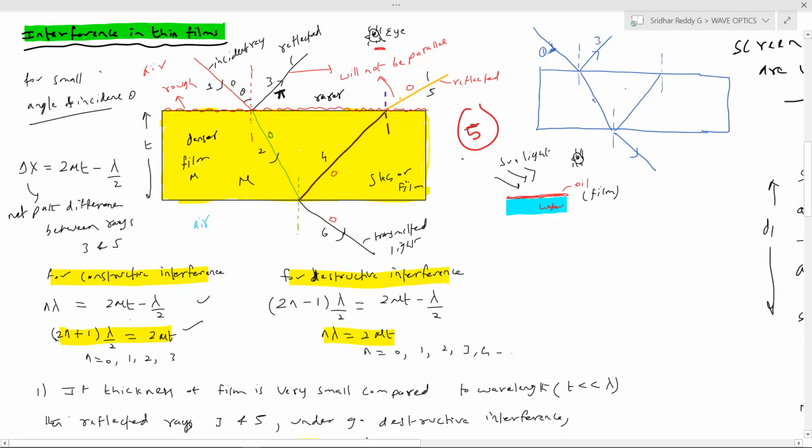This is ray 3. This is ray 2. This is ray 4. What we know, these two must be parallel. I think they appear parallel. Okay, let me show clearly. They are parallel. This is ray 5. I think that this is what happens. Again, further, this will get reflected. This is ray 6, ray 7, this is ray 8.